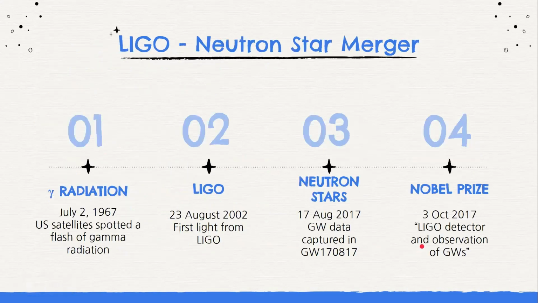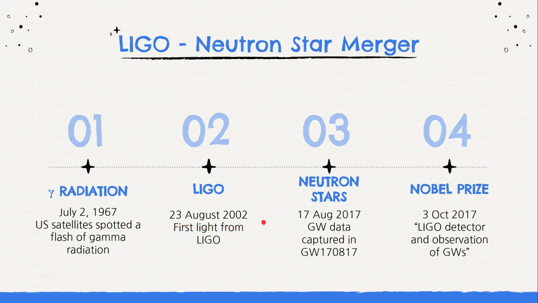So that means back in 2017, it was so lucky that LIGO captured this data. But actually, 50 years ago, in 1967, U.S. satellites spotted a flash of gamma radiation. They thought that it was some sort of bomb testing from the USSR, but it turned out it was not.